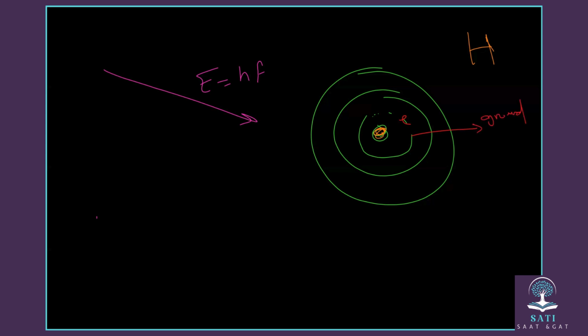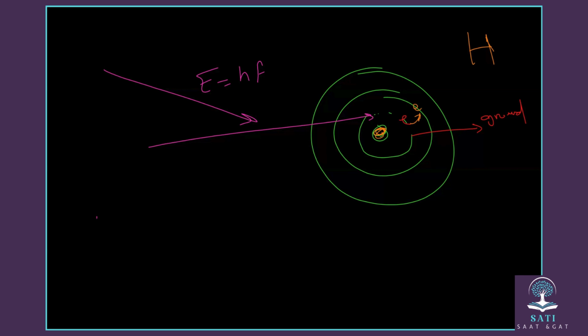If light comes to this electron, that means energy is given to it. Depending on the amount of energy, it may take the difference between these two levels, and in this case the electron will be transferred to a higher energy level.